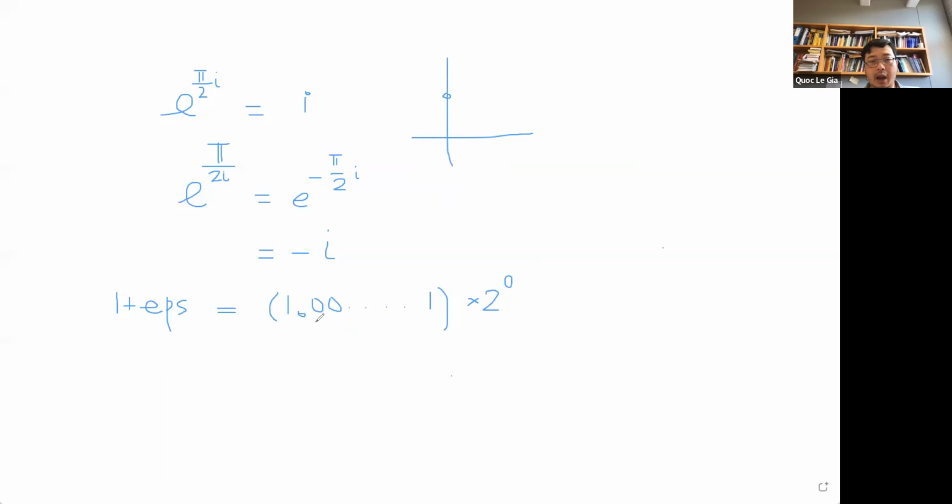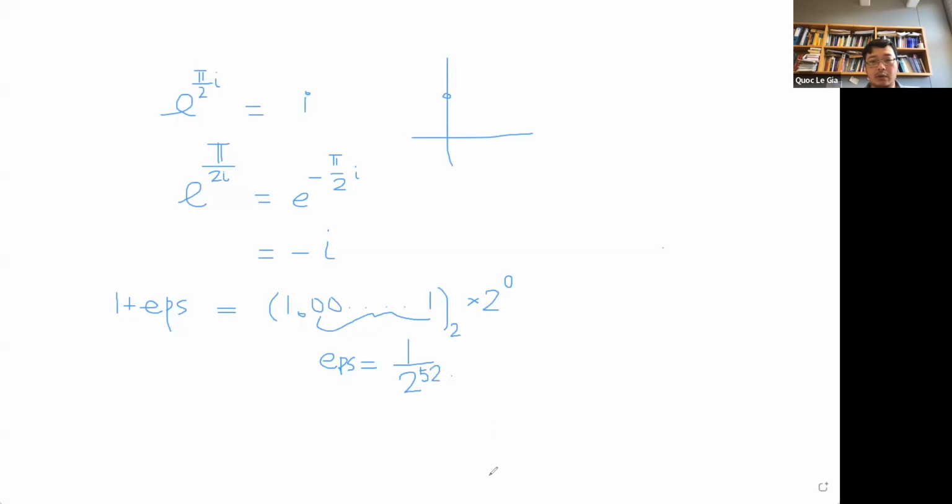It's correct, but just how many digits? Yes, 52 digits. So then eps, when you expand this in binary, is just 1 over 2 to the 52. So when you put 1 over 2 to the 52 in Matlab, you get exactly this epsilon.